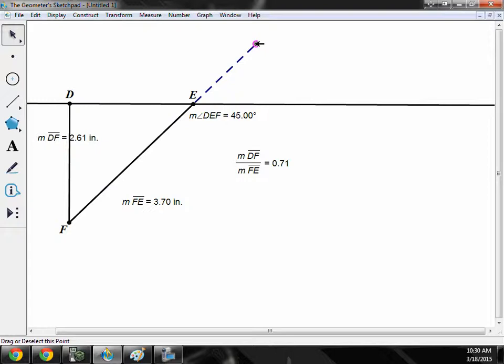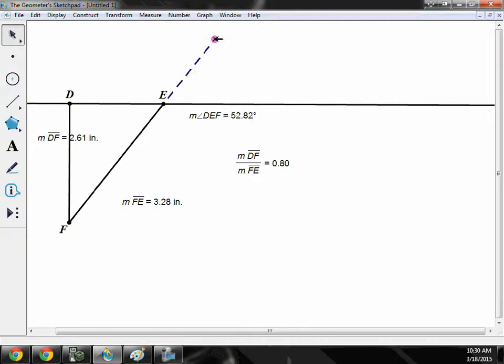So 2.61 divided by 3.7 is 0.7, which is what our calculator gave us when we plugged in the sine of 45. If I move this angle over to 60 degrees, I should get 0.86. That's pretty close.